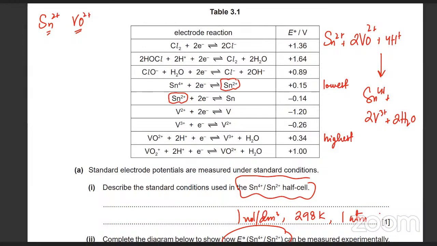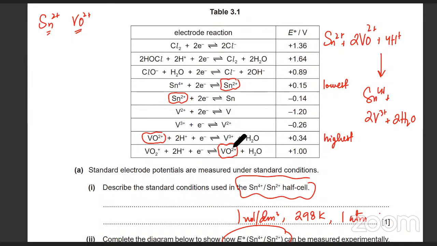And I saw VO2 plus over here, and I also saw VO2 plus over here as well, by the way. In this one as well. So there were 4 equations which had Sn2 plus as well as VO2 plus. Something was happening to Sn2 plus and something was happening to VO2 plus, right?